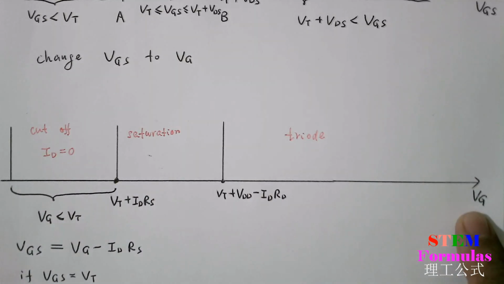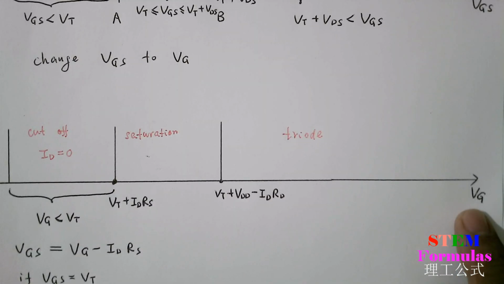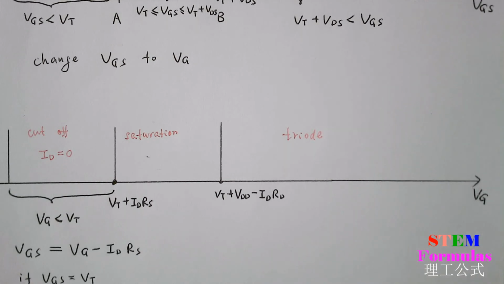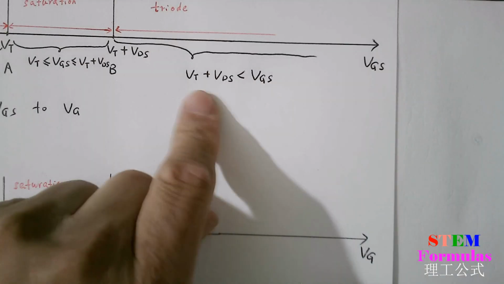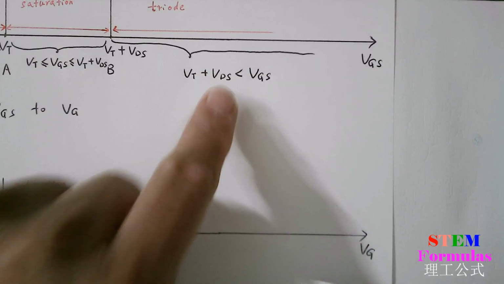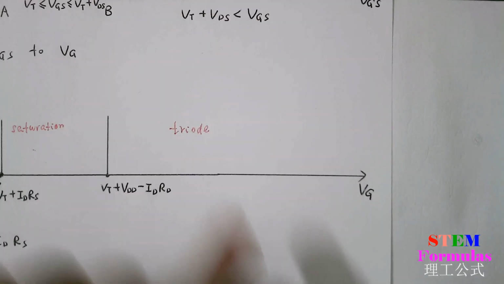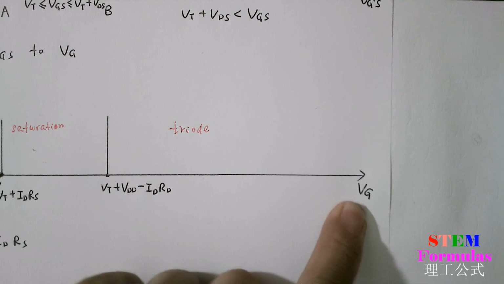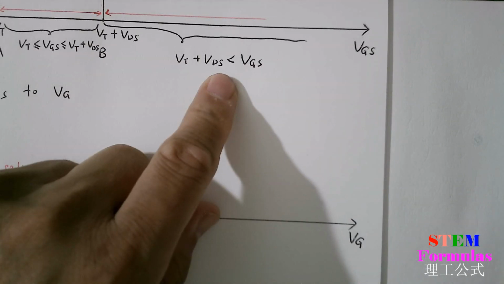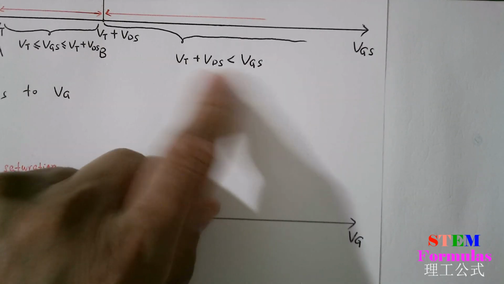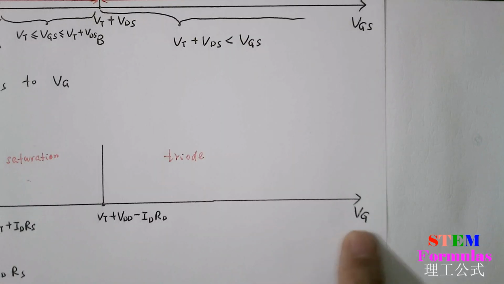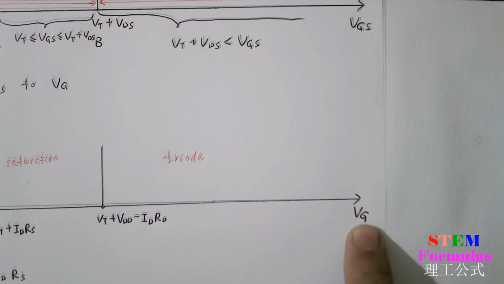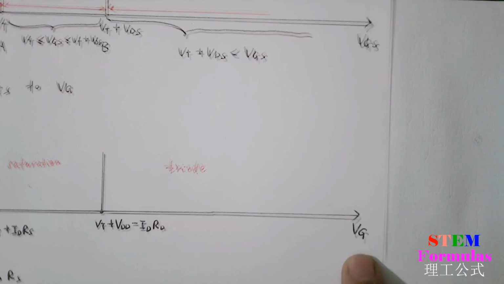So I use the next page. I want to translate this equation, which is for VGS, for the VG. I want to find VG. What equation will be satisfied for VG now? Okay, I do like this.